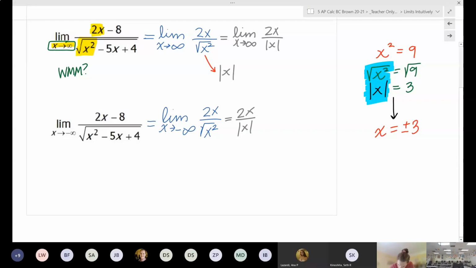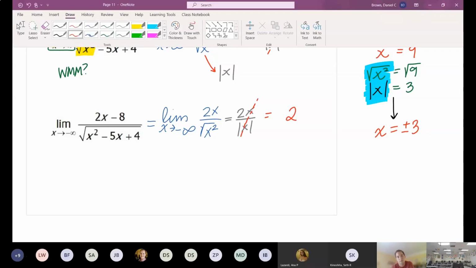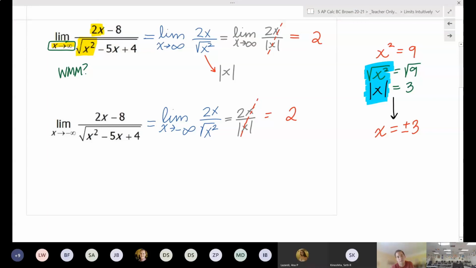So here's my thinking for this one. I know the answer is 2. Like, if I could cancel those out, there is going to be a 2 somewhere in my answer. And that's the big if I could have canceled those out, because they are the same value. What I do need to determine, though, is the sign. So if I'm coming in for that first one, I'm coming in as x is going towards positive infinity.